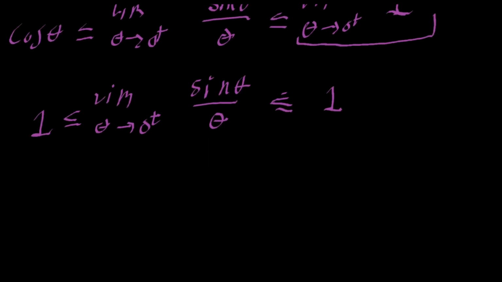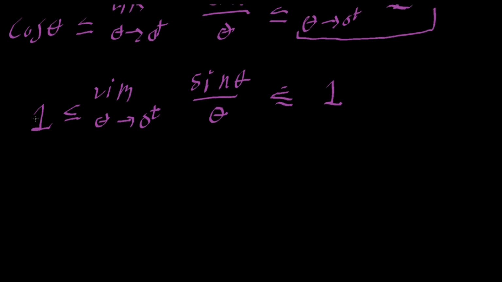Now, if this limit is greater or equal to 1, but also less or equal to 1, then by the squeeze theorem, this limit itself must be equal to 1. If it's mashed between 1 and 1, then this limit itself must be equal to 1. That's the only thing that makes sense.